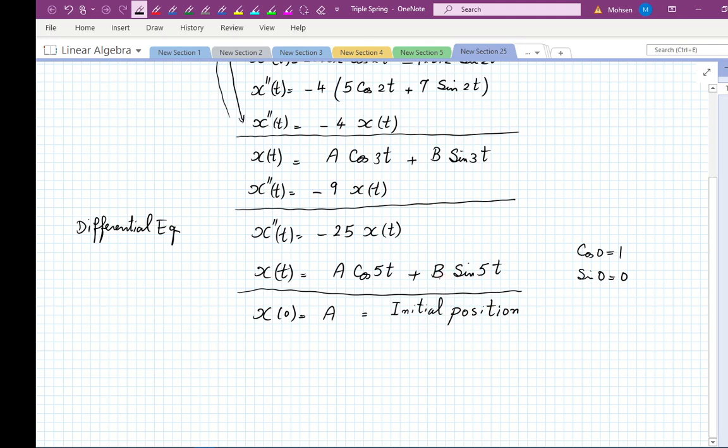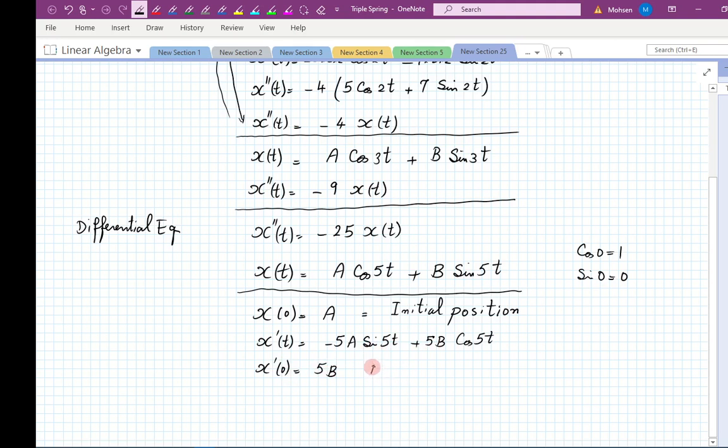How about extracting b? The easy way to get to b is to get the derivative first. I take a derivative, so it becomes in this case minus 5a sine of 5t and then 5b cosine of 5t. Now I see that x prime of 0, the sine goes away and I'm surviving with just 5b.